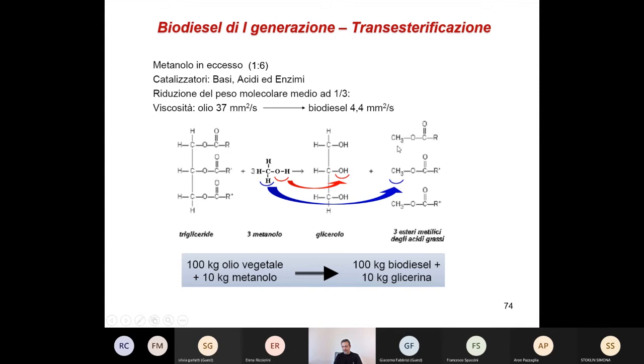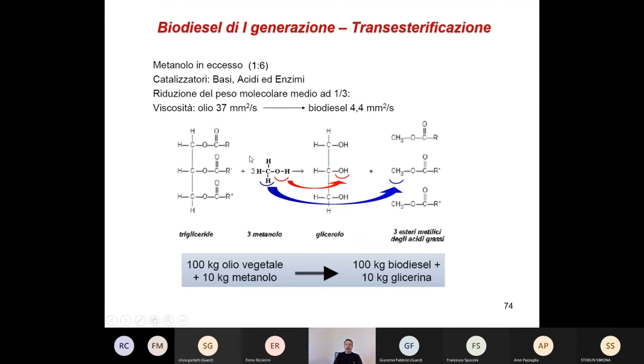R is the hydrocarbon chain, which is not so different between R prime and R second. It depends on the number of carbon atoms in the hydrocarbon chain. Usually we are speaking about 12, 13, 14 atoms of carbon that create the hydrocarbon chain. So R is the same you have here.